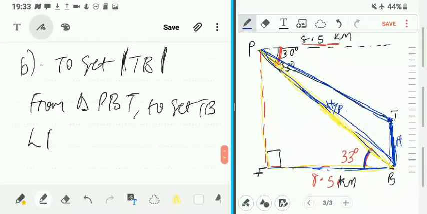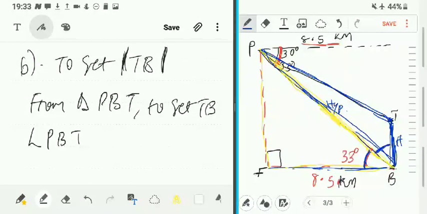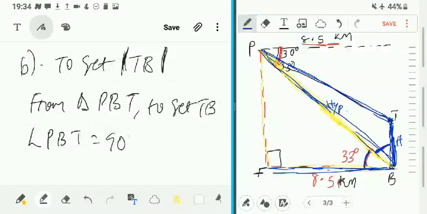Okay, what is angle PBT? Angle PBT, that's this angle here. You notice it's a perpendicular line. CBF is a perpendicular line. So to get this PBT, I can just subtract 33 degree from 90 degree, and I have 57 degree.